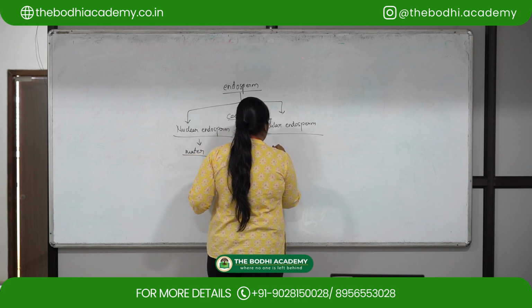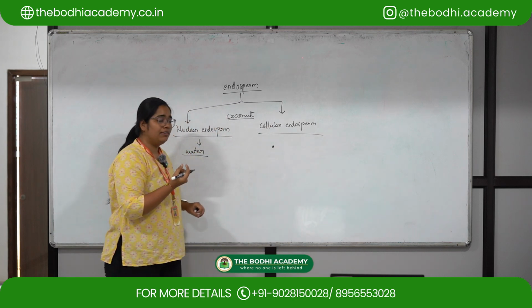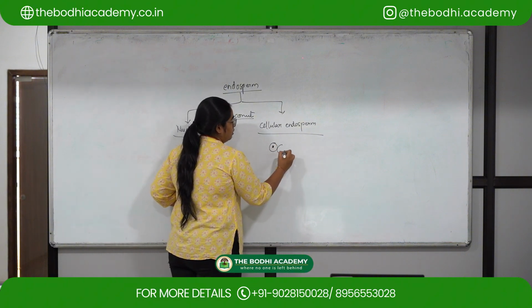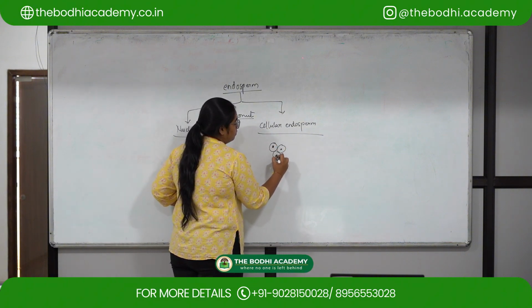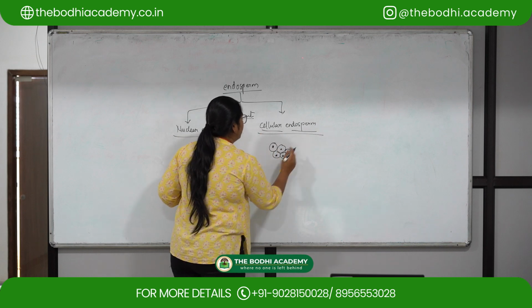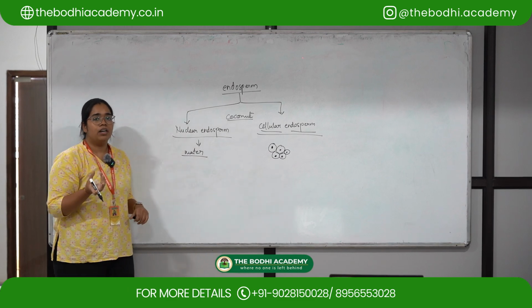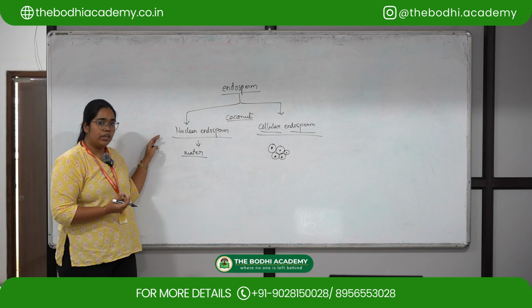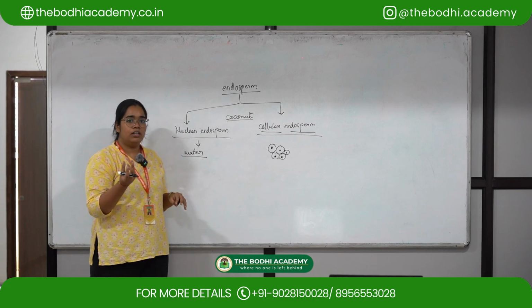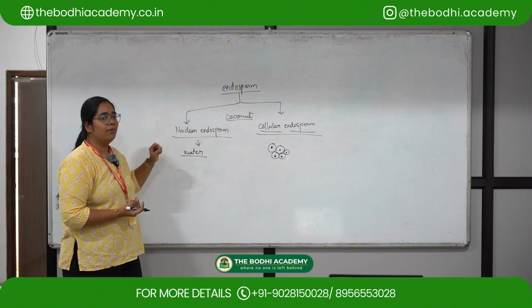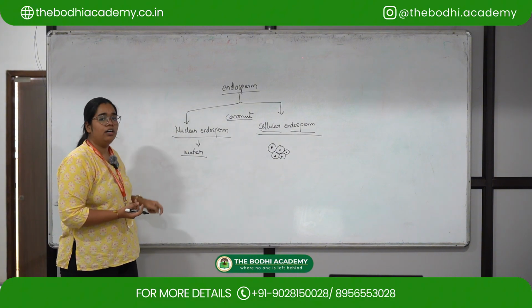The same nuclei which are present inside the coconut water develop cell walls, and that endosperm becomes the cellular endosperm, which is present in the white kernel of the coconut. So the coconut water consists of nuclear endosperm and the coconut kernel consists of cellular endosperm. So these are the two types of endosperm present inside the coconut.